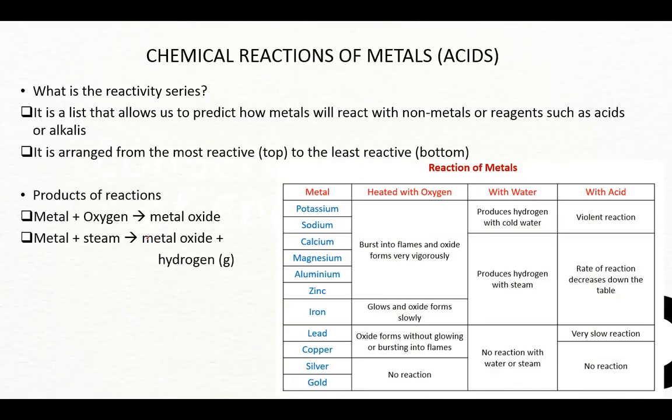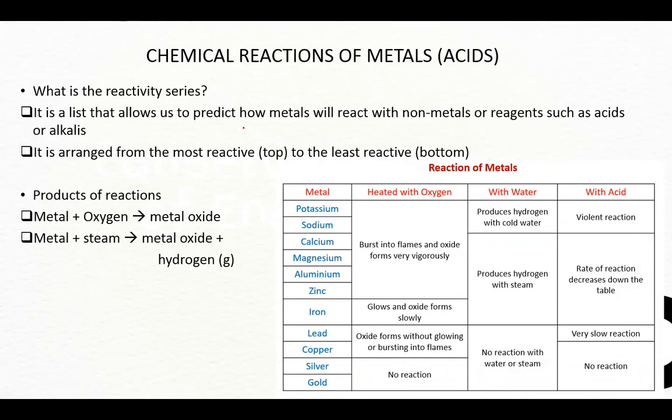So now, I guess the most confusing part of this whole topic is the reactivity series and the chemical reactions of the metals, whether with acids or alkali. So what exactly is the reactivity series? The reactivity series is a list of the metals helping us to predict how they would react with either nonmetals or reagents such as acids or alkali.